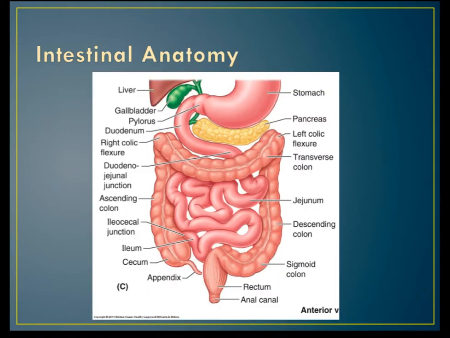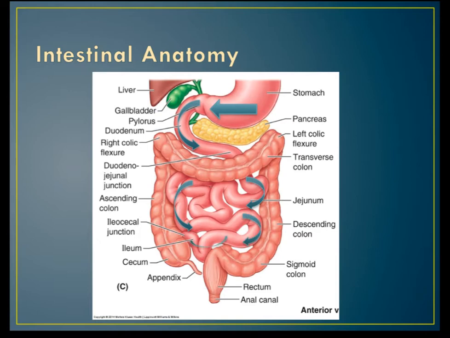This is a good picture of just the basic anatomy of our intestinal system, our gastrointestinal system. So not pictured at the top of the slide would be the esophagus that drops down into the stomach. After the stomach, the contents will move through the pylorus and into the duodenum. After the duodenum is the first section of the small intestines, and then the middle section is the jejunum, and it winds through your abdomen a lot.